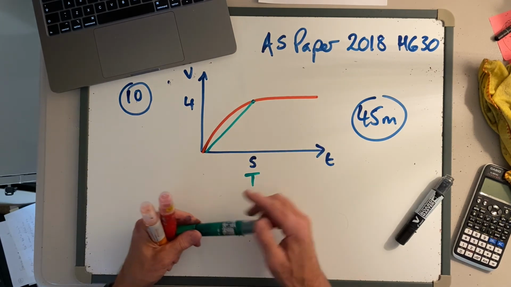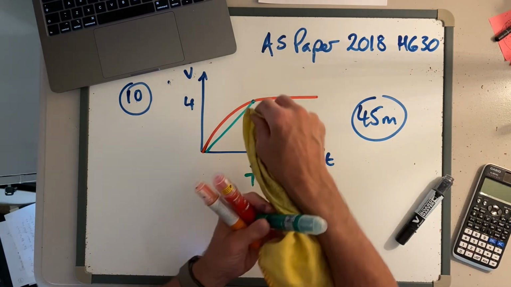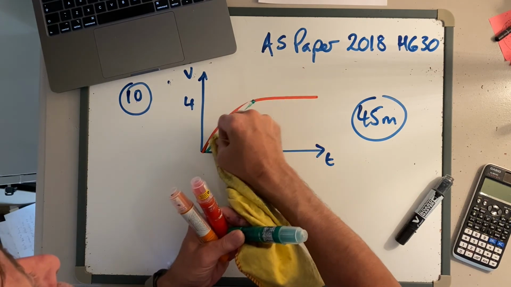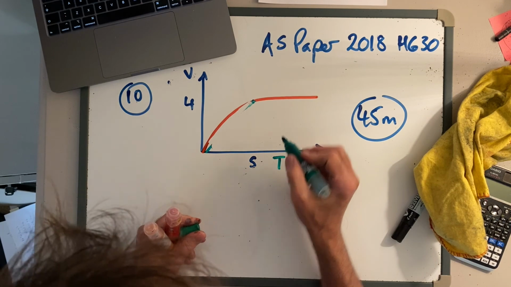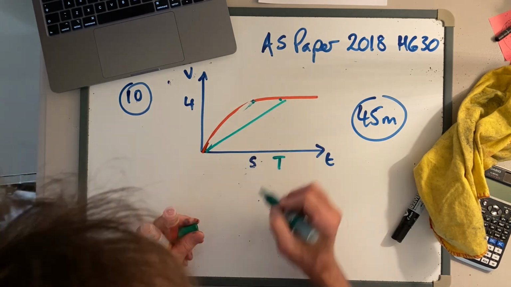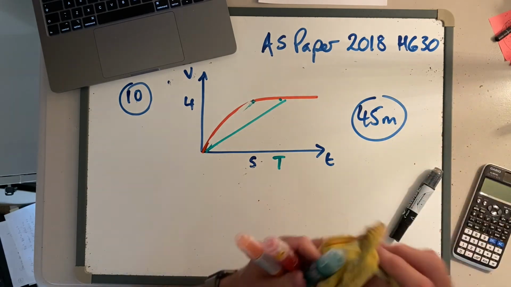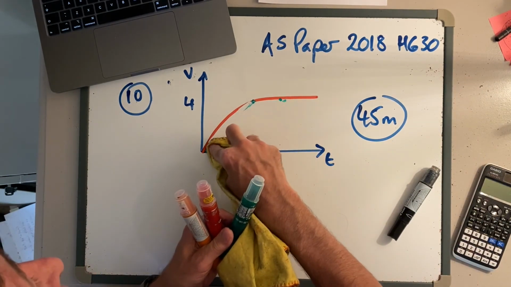If S equals T, it doesn't work. I think you can see this isn't going to work. What about if T is, say, here? Clearly that doesn't work.